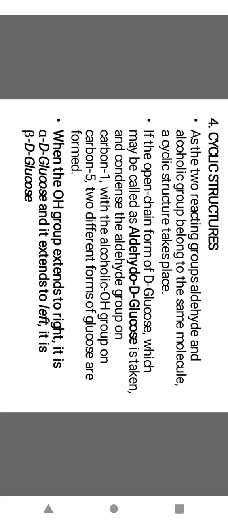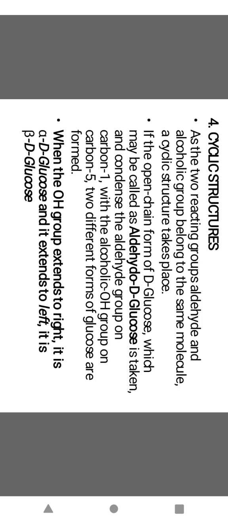Then we see about cyclic structures. Two reacting groups, aldehyde and alcoholic groups, are present in carbohydrate. We know that an aldehyde or keto derivative of polyhydroxy alcohol is the definition of carbohydrate. Here is the open chain form of D-glucose, which may be called aldehydo D-glucose or aldose, because an aldehyde group is present inside glucose.